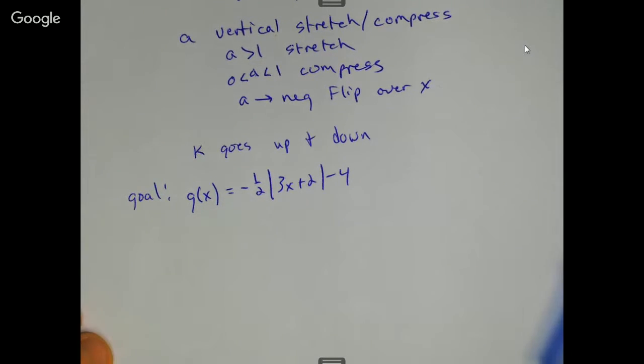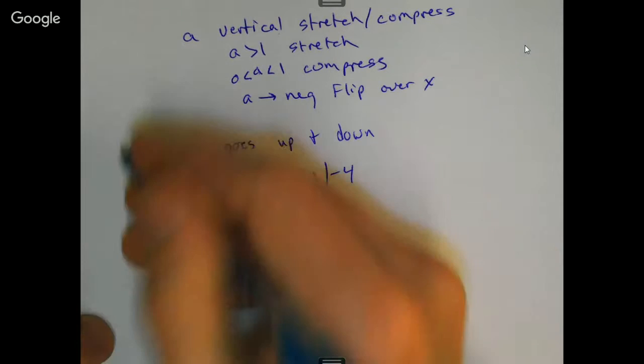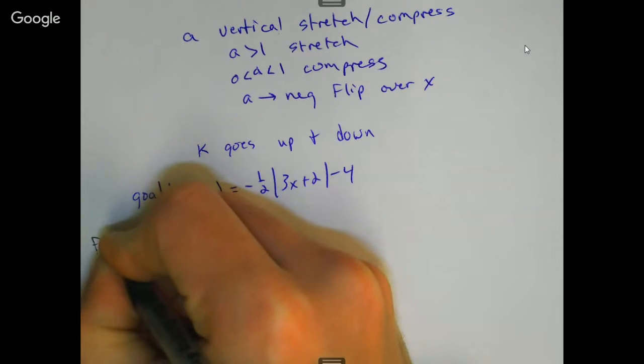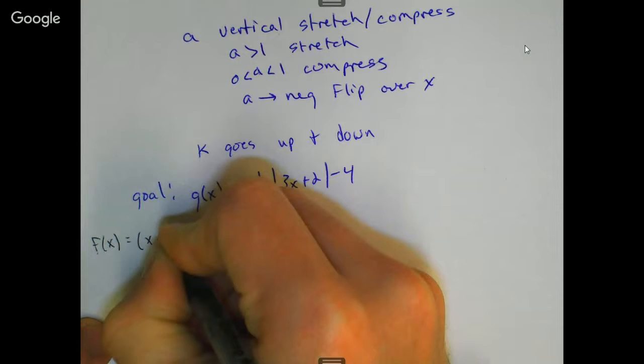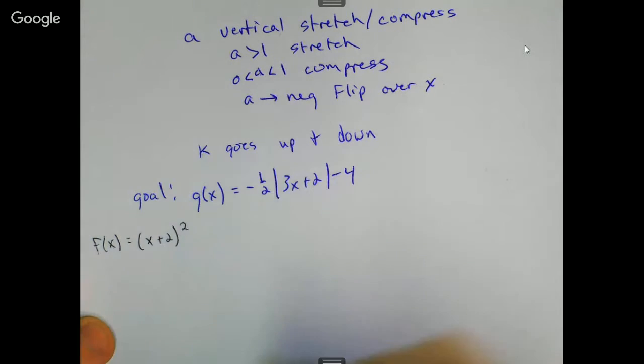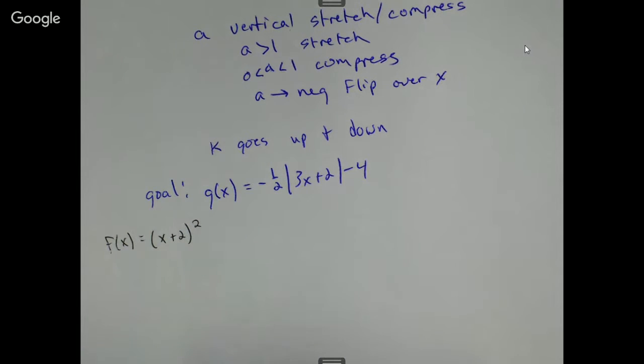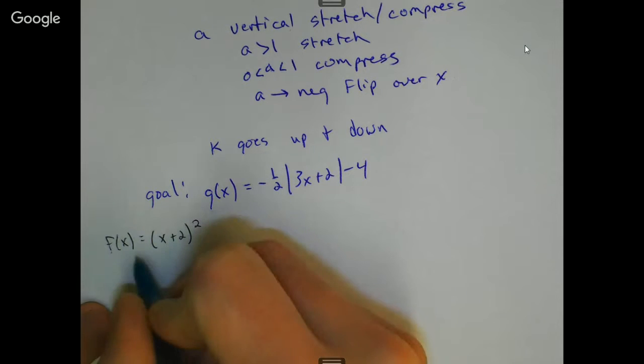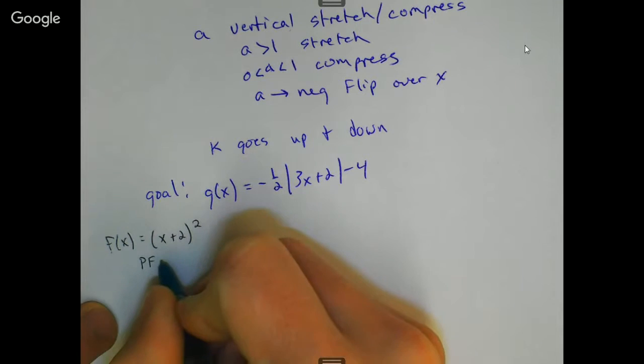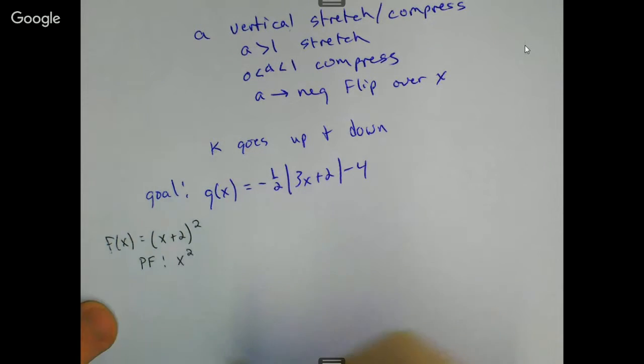Okay, so we'll start here with something kind of easy. f of x equals (x plus 2) squared. So our parent function is x squared.